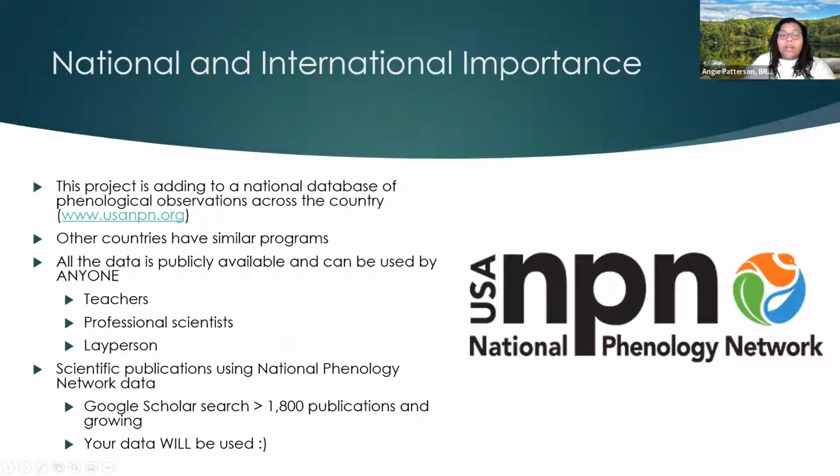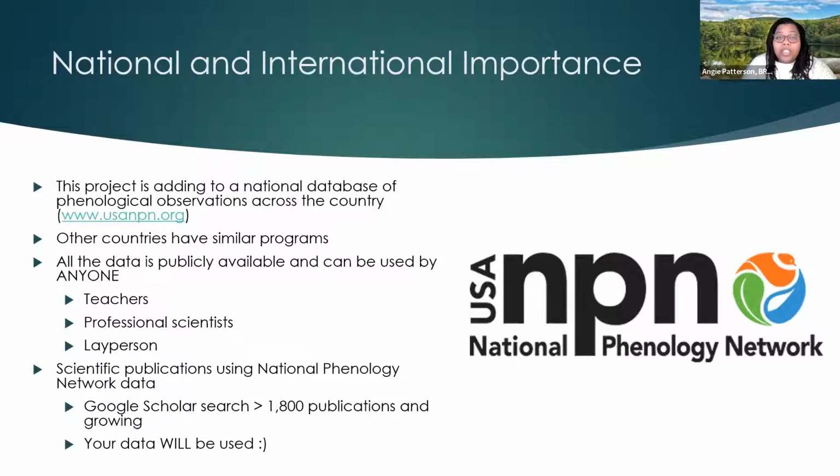The data that's collected from our Phenology Trail will be submitted to the United States National Phenology Network, which is a database of phenological observations across the country. Other countries have similar programs as well, which provides amazing opportunities to analyze trends across species and locations because these data are publicly available and can be used by anyone.